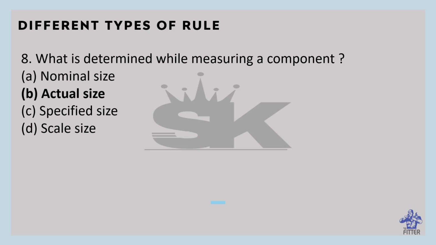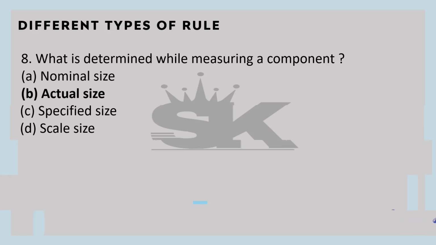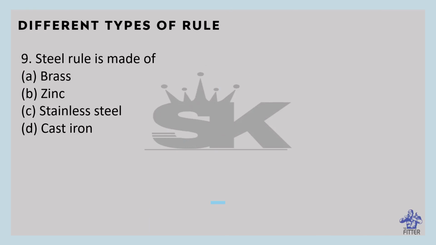The difference between the maximum limit of size and the minimum limit of size is called tolerance. Keep that in mind. Steel rule is made of, we have discussed, stainless steel.